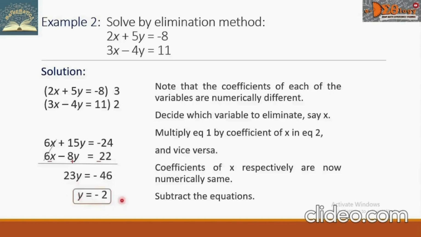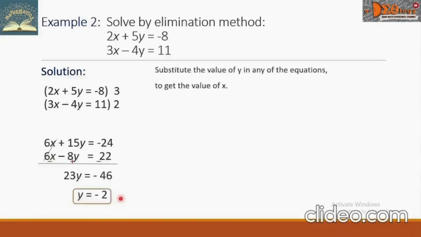We have now the value of y. Then we substitute the value of y in any of the equations to get the value of x. Let's say equation 1. So 2x plus 5y equals negative 8 becomes 2x plus 5 times negative 2 equals negative 8. 5 times negative 2 is negative 10.